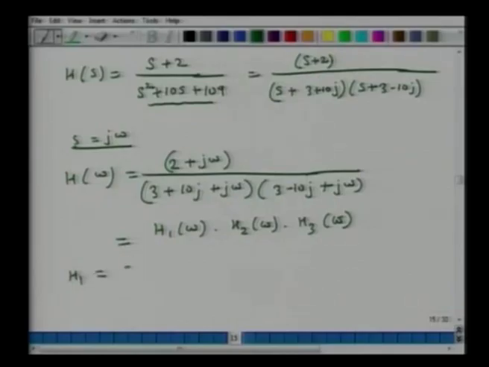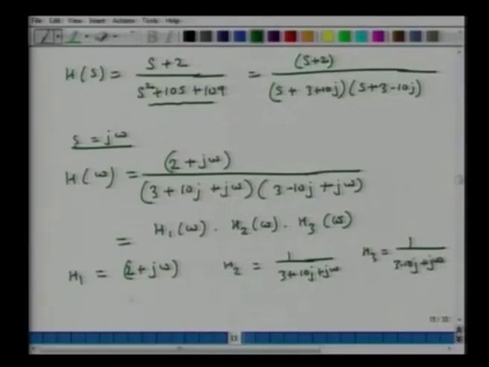where H1 equals 2 plus j omega, H2 equals 1 over 3 plus 10j plus j omega, and H3 is 1 over 3 minus 10j plus j omega. So I have expressed a complex transfer function H in terms of three simple transfer functions H1, H2 and H3.